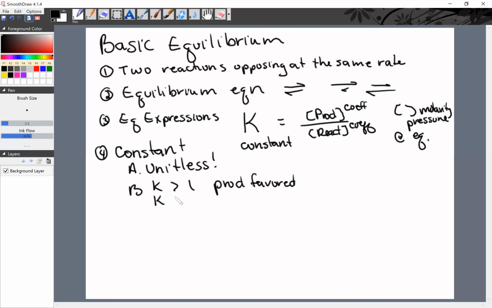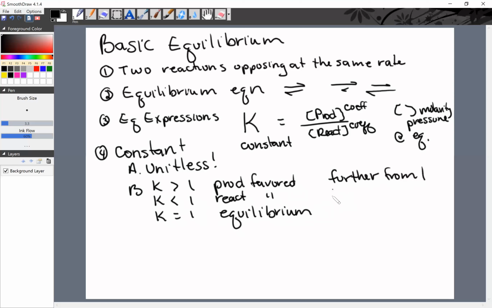If K is less than 1, reactants are favored. And if K exactly equals 1, you're at perfect equilibrium. And the further away you go, the less equal it is.